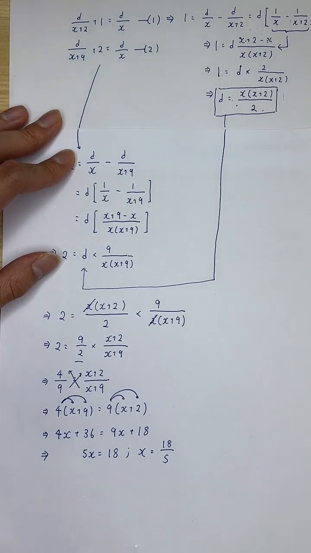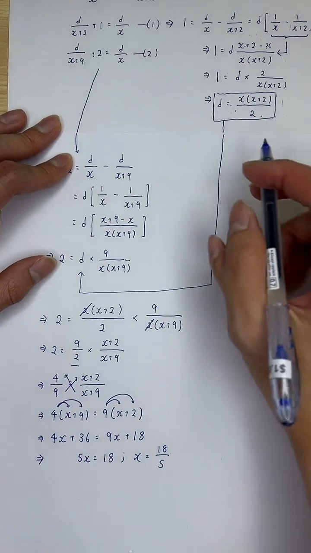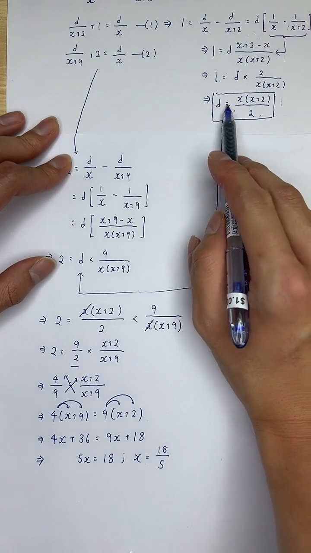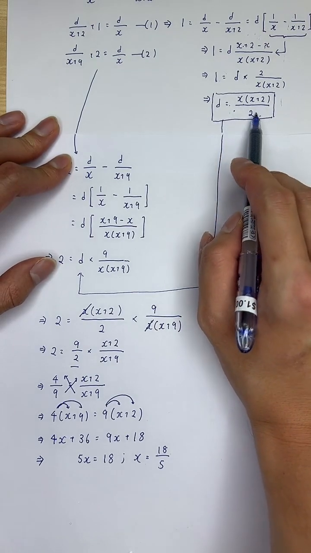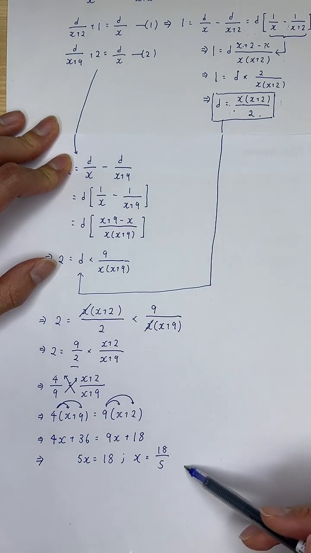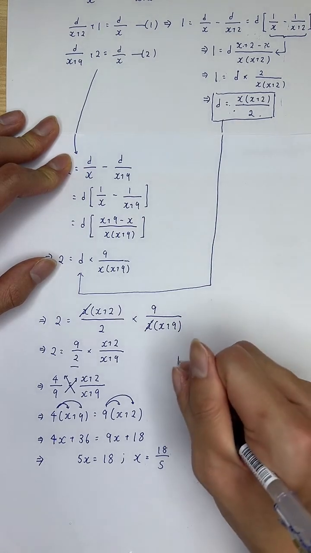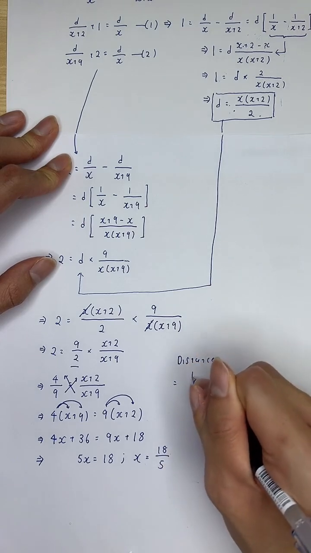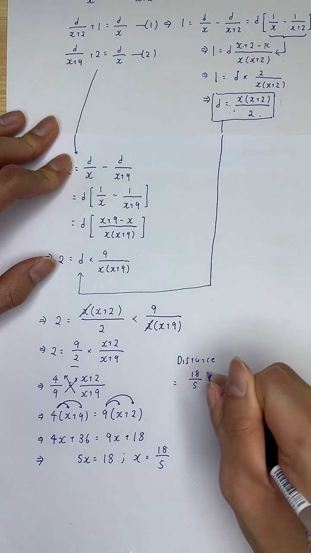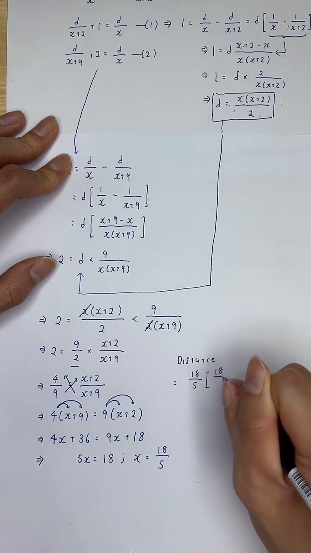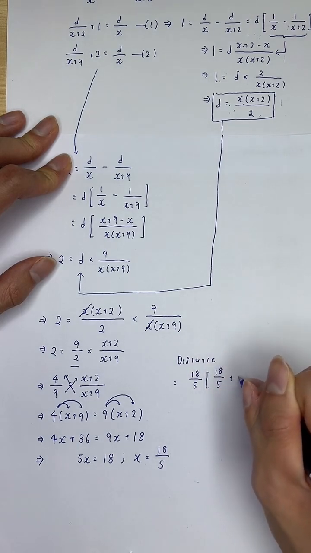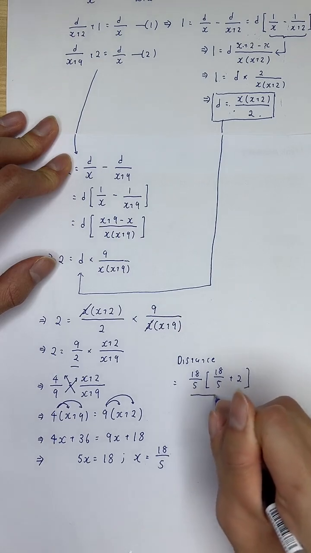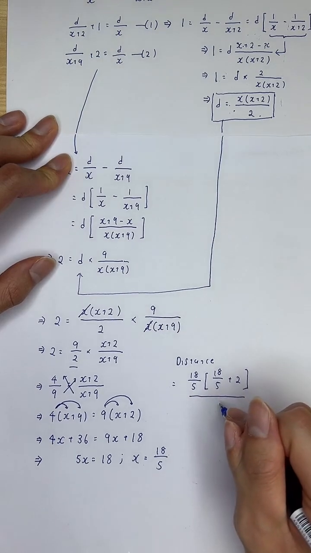But is that it? That's not really it, right? We are looking for the distance. Remember our question, we are looking for the distance. And remember that our distance is defined to be d equal to x times x plus 2 divided by 2. And we already know what x is. So our distance d is going to really just be 18 over 5 multiplied by 18 over 5 plus 2, divided by 2.